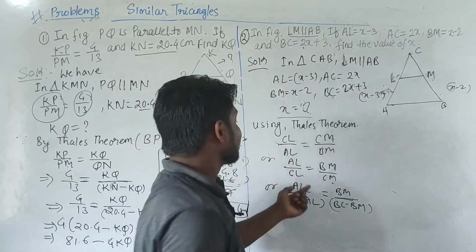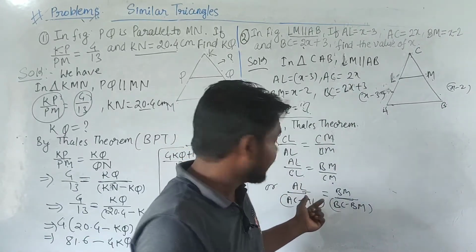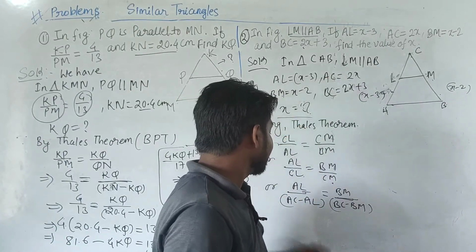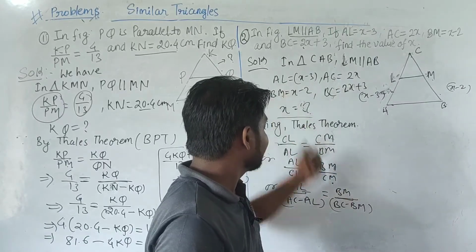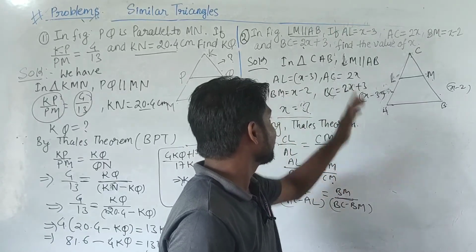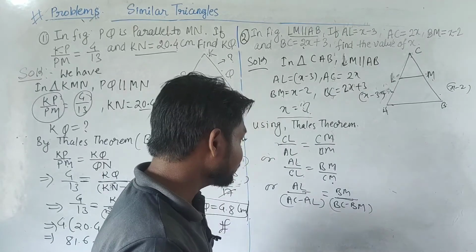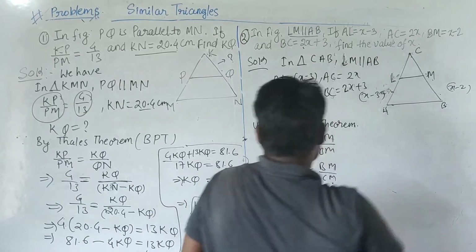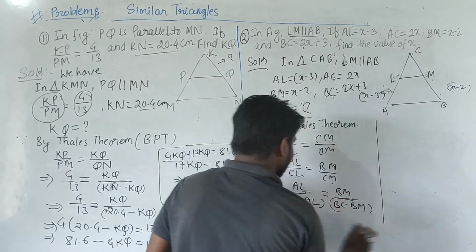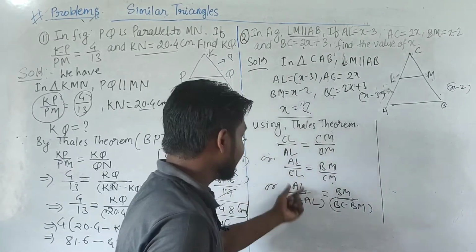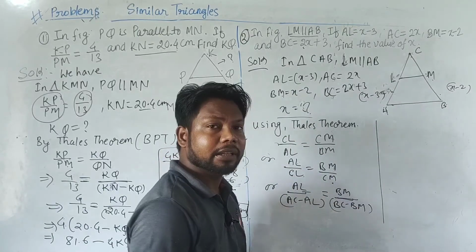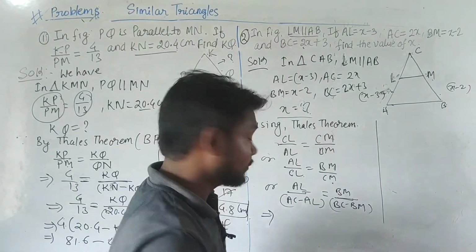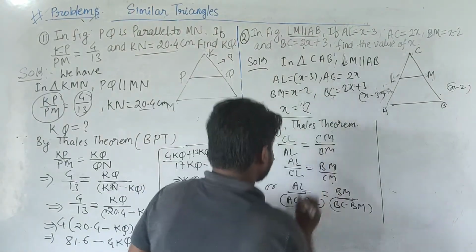Now we have all the values: AL, AC, BM and BC. So we put in all the values. AL is x minus 3.